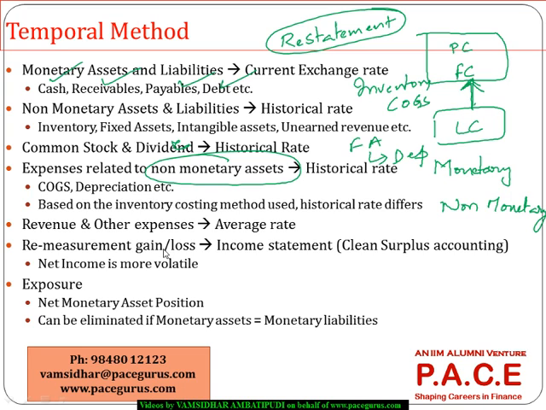So if the presentation currency's exchange rate is constantly depreciating, you will definitely see that the gain realized in the temporal method is much lesser compared to the current rate method.